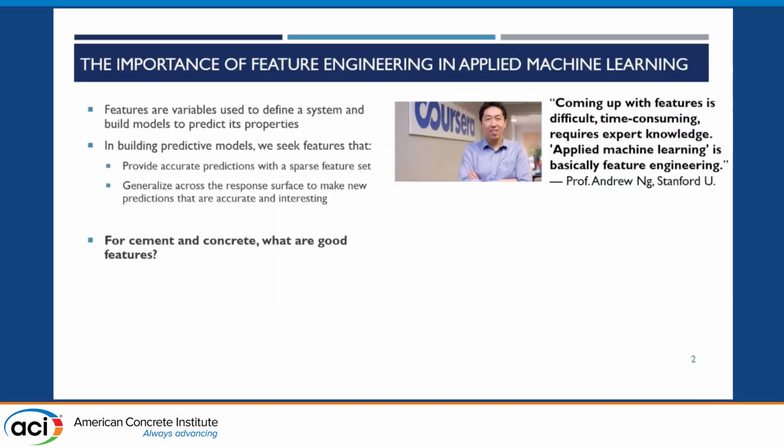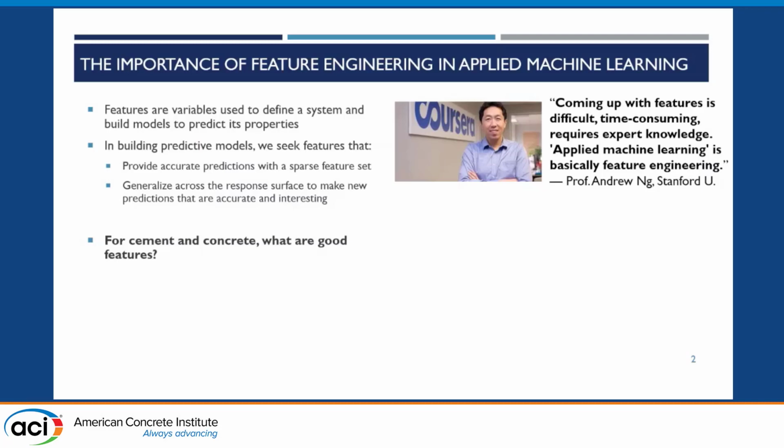So the inputs in machine learning are also called features, as you would know. And it's really important to find good features that are informative and interpretable. That's also called applied machine learning in Andrew's words, as you can see on the right.